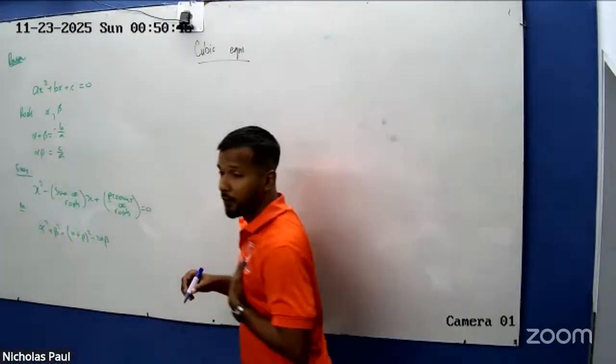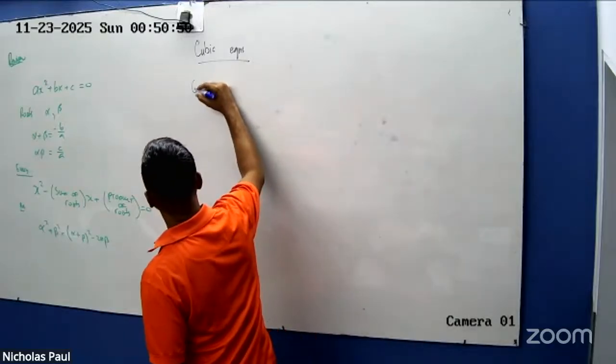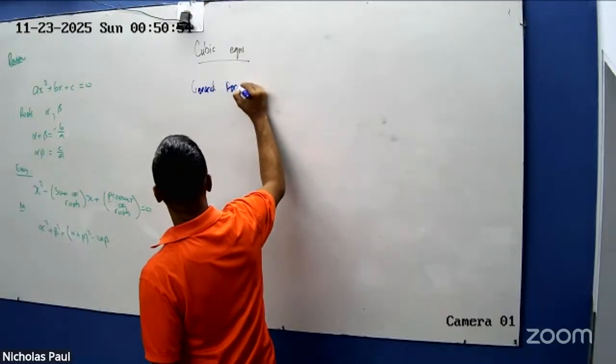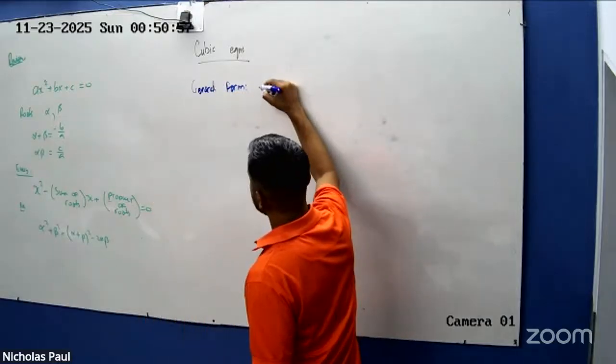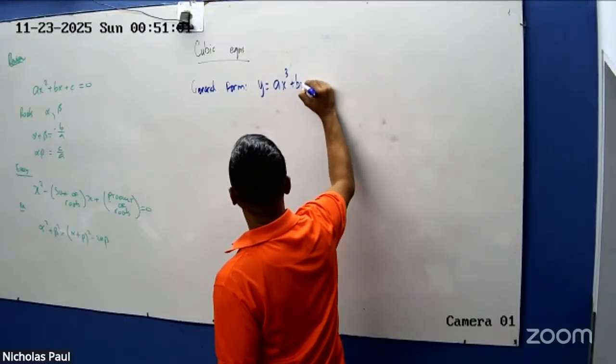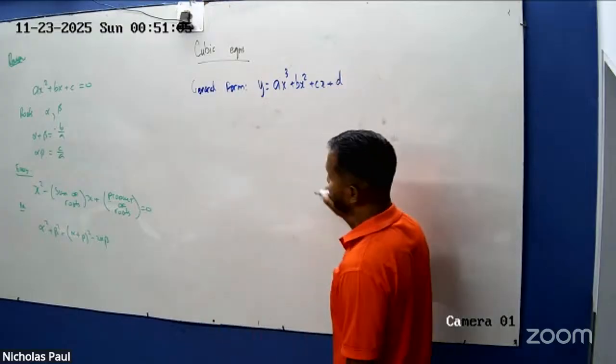All right. So we want to take a look at cubic equations. We should remember from remainder and factor the general form. The general form of a cubic is ax cubed plus bx squared plus cx plus d.